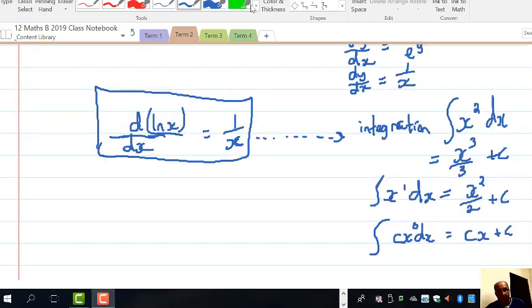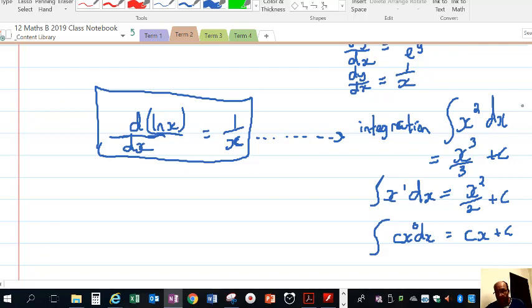You see just some quick examples of integration that you would have seen, just some simple polynomials. So the integral of x squared is x cubed on 3. Integral of x is x squared on 2. Integral of a constant is the constant times x plus c. That's shown there as c times x to the 0, which is 1.